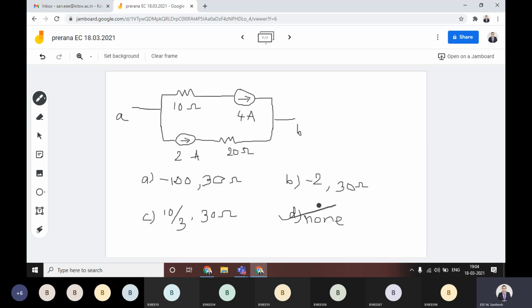Leave that one or mark for review, then you visit that question at the end. That will help you to solve more questions. Whenever you are solving a question, try to understand whether you are understanding at one go or two go, then it's okay. If you are not understanding, go for the next question.